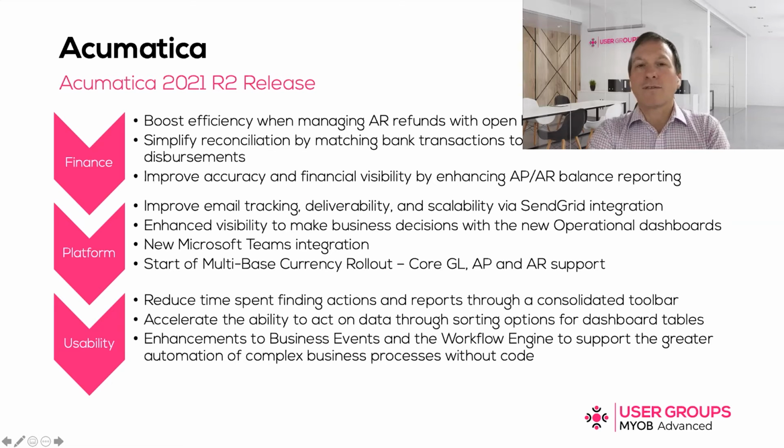So if you can think, for those of you that are using the CRM and marketing automation pieces, that will give you the ability to do marketing automation within Advanced itself and see things like open rates and do tracking around links.